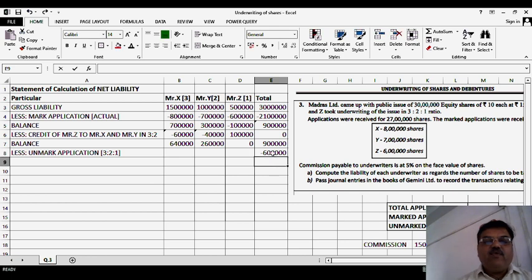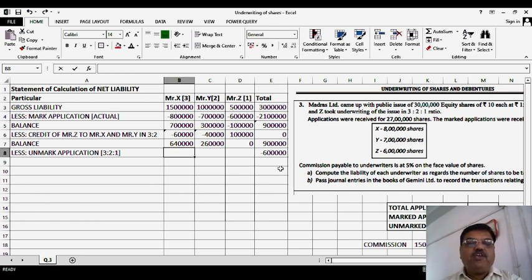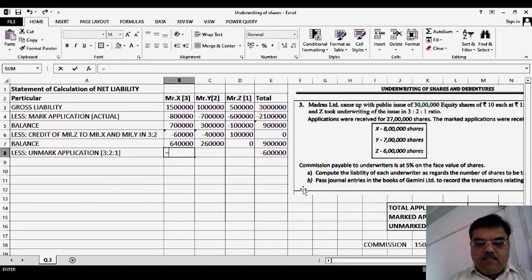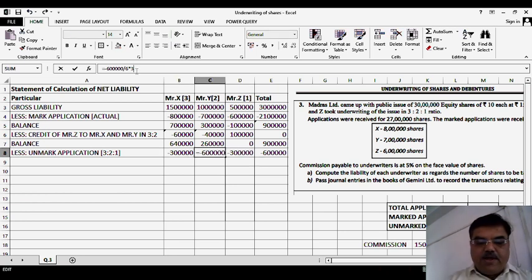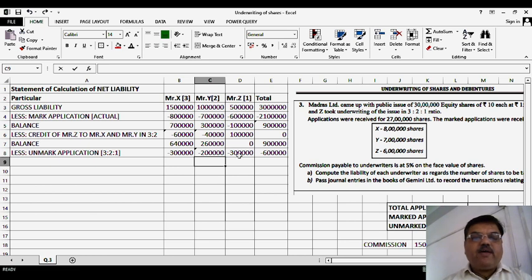And that 6 lakh we have to divide in the ratio of 3 is to 2 is to 1. So let us divide that. Minus 6 lakh divided by 6, multiply by 3, it comes to minus 3 lakh, and same thing here multiply by 2, it comes to 2 lakh, and here multiply by 1, it comes to 1 lakh.